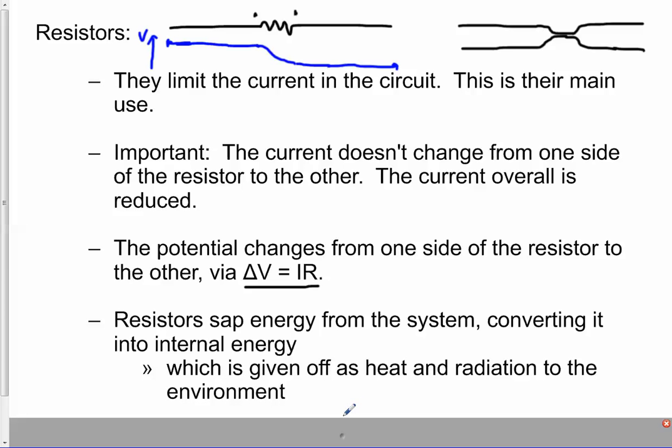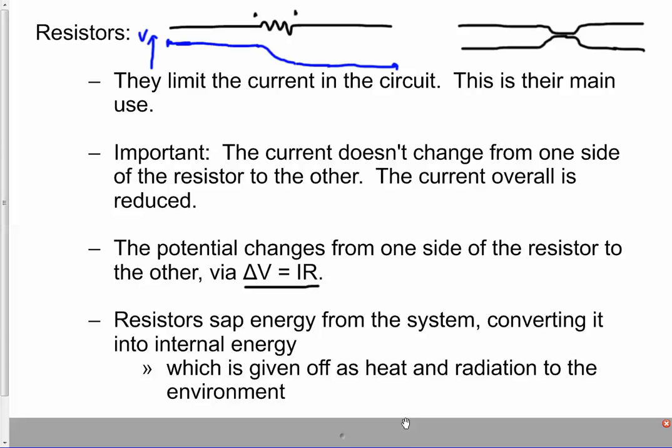And then the last thing I want to point out, and this is what we'll pick up in our next class: resistors sap energy from the system. We haven't brought energy into it, and of course that's the whole point of electronic circuits, an energy delivery system to some device. So resistors do take energy out of the system. They convert it into internal energy. A straight up resistor will heat up.